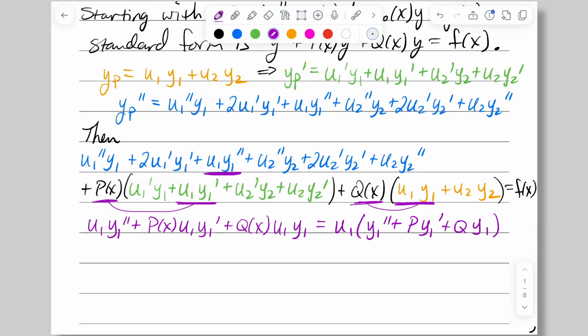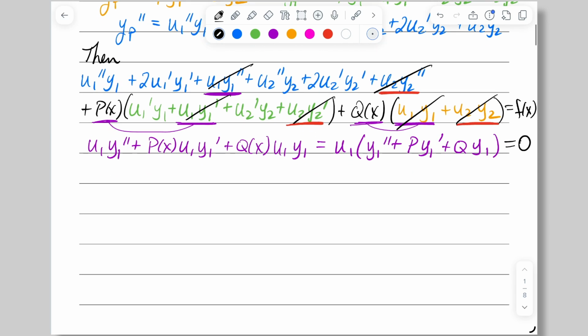Therefore, all of that is equal to 0. Likewise, u2 y2 double prime plus p u2 y2 prime plus q u2 y2 is also 0. So for bookkeeping purposes, I'm going to go ahead and get rid of these.